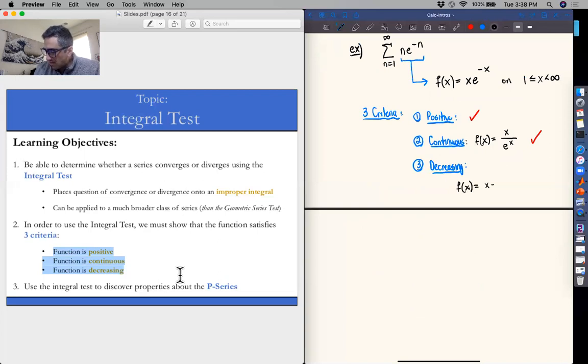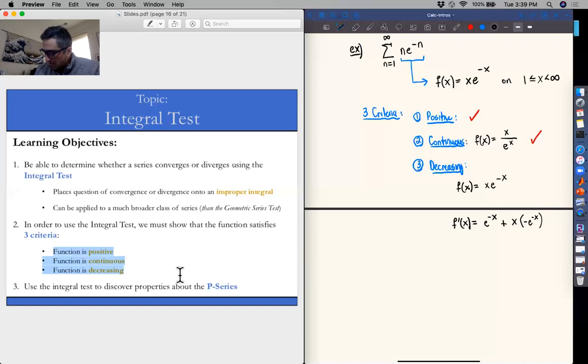So I'll rewrite it the original way, x times e to the minus x. We'll take its derivative. And since we have the product of 2 functions, we get to use our product rule. So the derivative of the first function x is 1, so we just get e to the minus x. And we add to that the derivative of the second function times the first function itself. So the x will remain the same, and the derivative of e to the minus x is a minus e to the minus x.